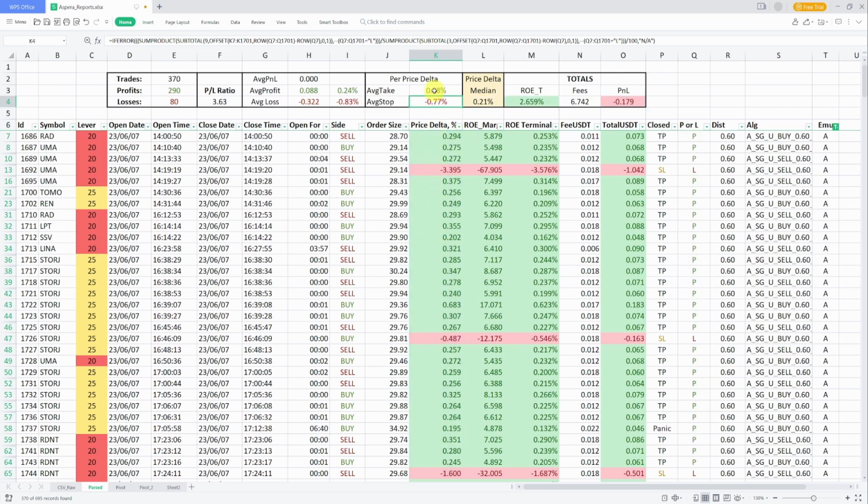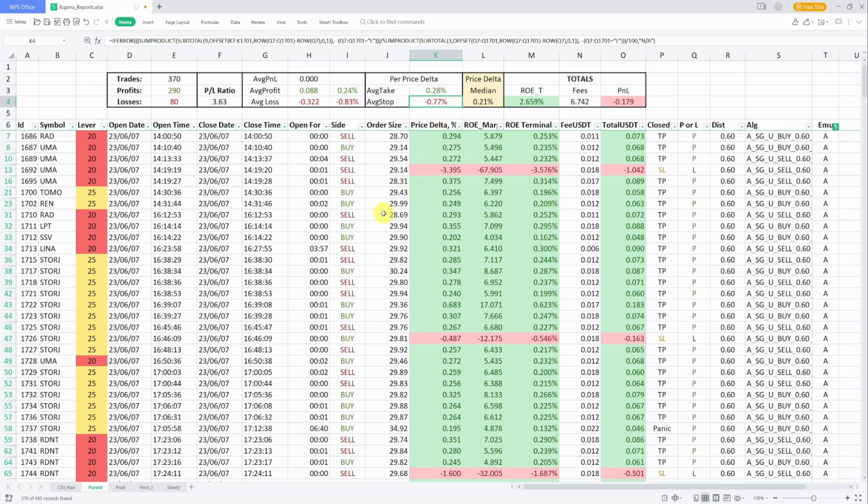So for all the profitable trades, the average price delta, or I would equate it to the average take, is 0.28, which is slightly bigger than the take profit that I set, which is 0.25 in my algorithms. Now here is the average stop loss, and here the difference is more significant.